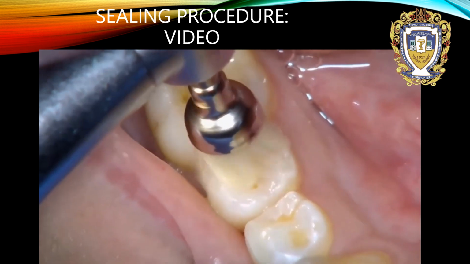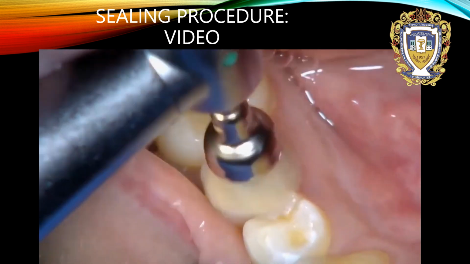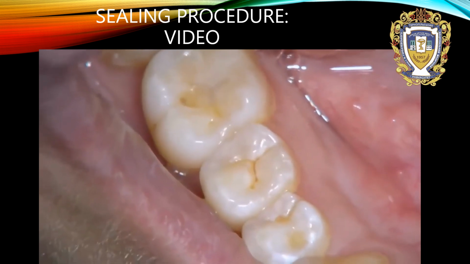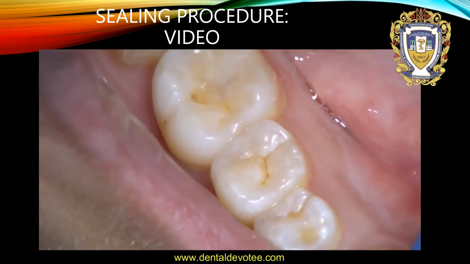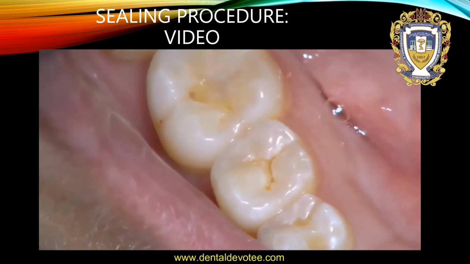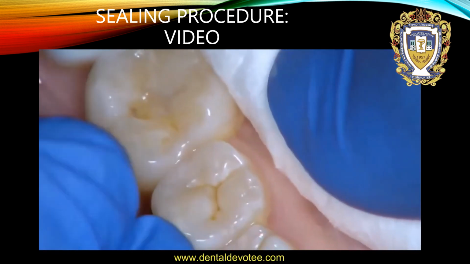Coffee cup or brush. If required, pumice slurry may also be used. Then isolate the tooth using cotton wool, dry tip, saliva ejector, with rubber dam if possible.